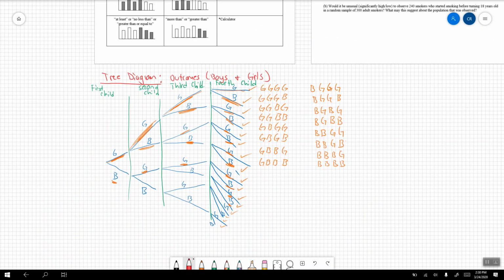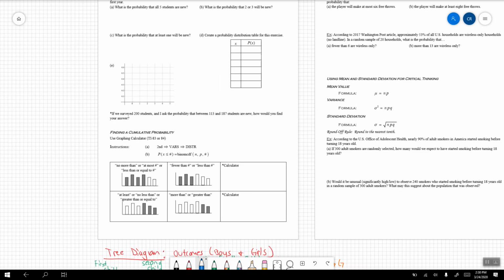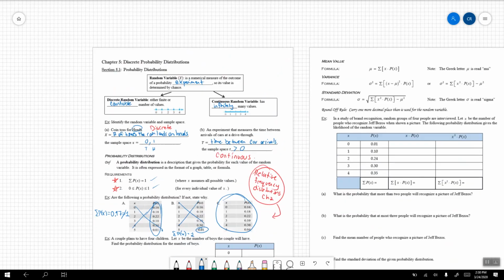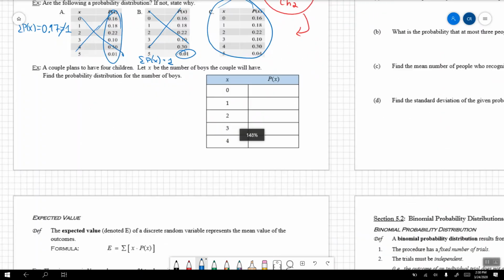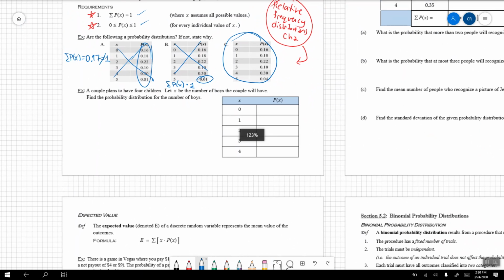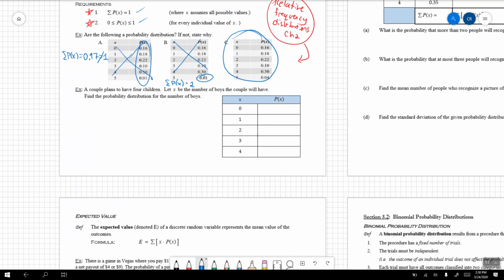Which outcome has no boys? That should be the first outcome. So that's 1 out of how many? That's right, 16. So in here, we get 1 out of 16.